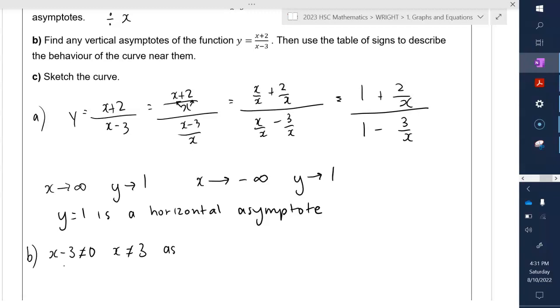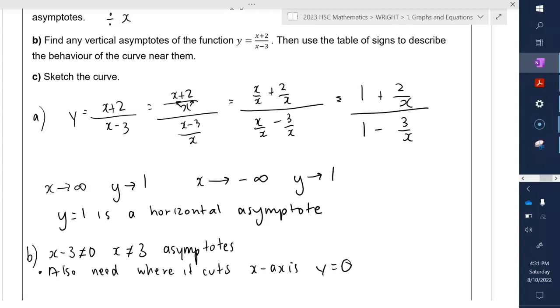That is an asymptote. But when we were looking last lesson at our table of signs, we also wanted to have a look at the zeros in that table of signs as well. So we also need to know where it cuts the x-axis, and it cuts the x-axis at y equal to 0.